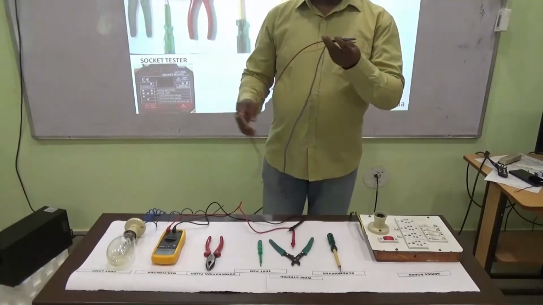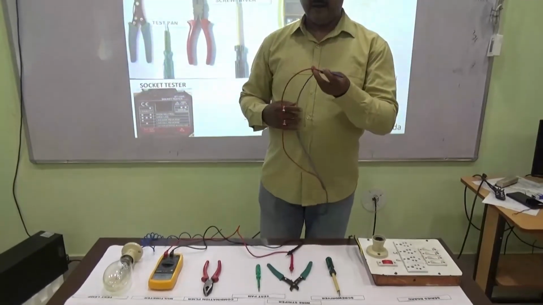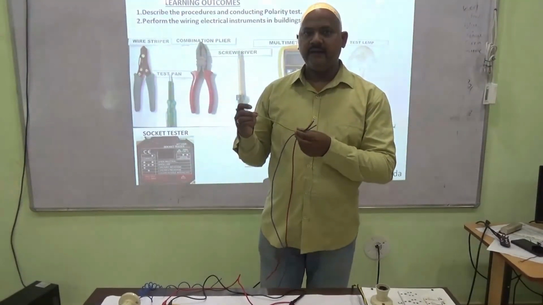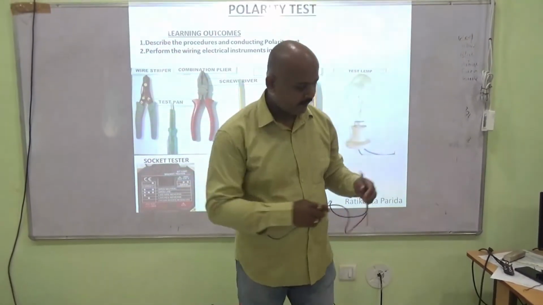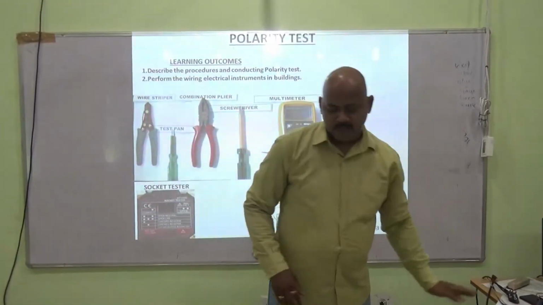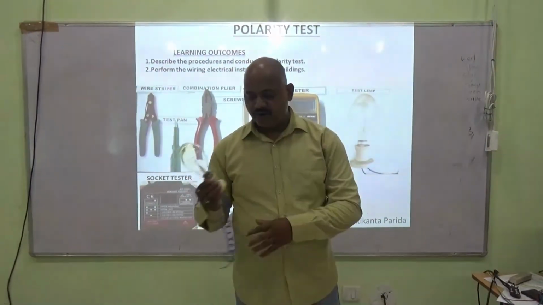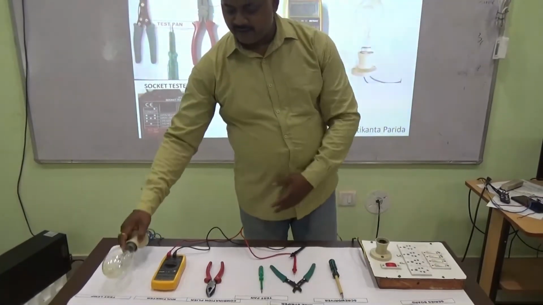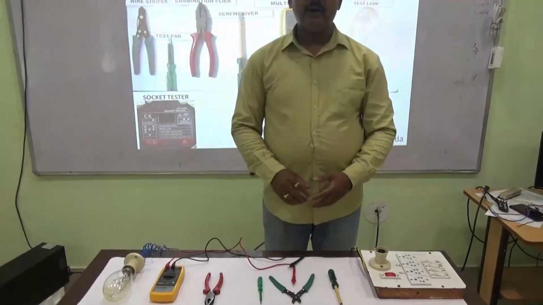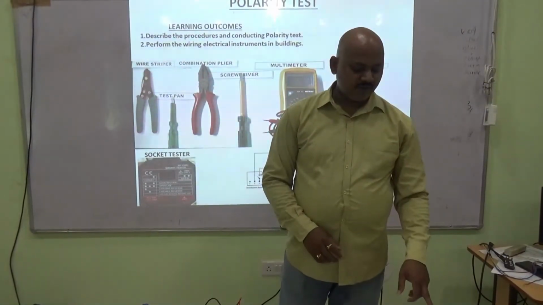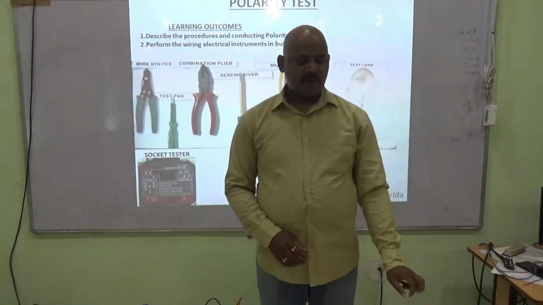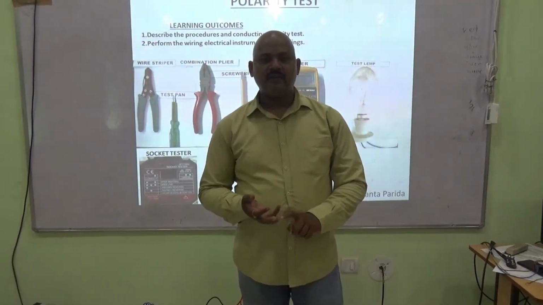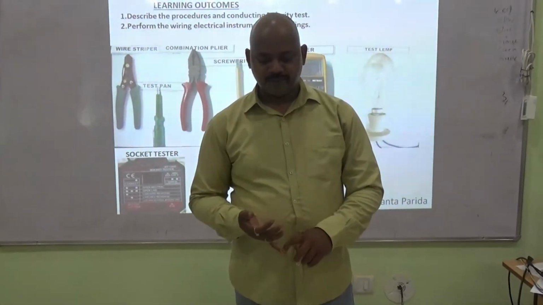Red one is phase, blue one is neutral, and yellow and green is earth. Then we perform the continuity test with the test lamp by the help of the test board, and the last one we use the multimeter to test the polarity of the three points: phase, neutral and earth.